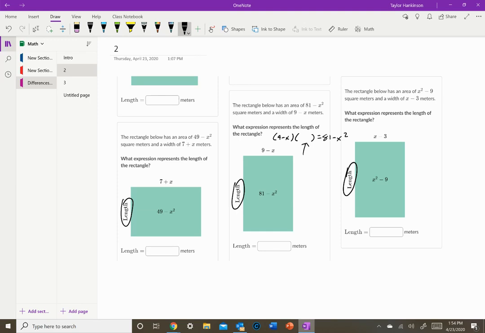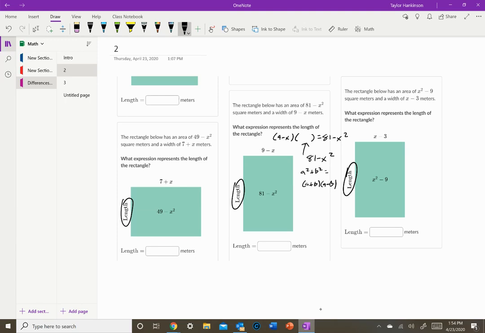What we can do is take the 81 minus x squared and factor that, and it gives us a hint. It already gives us part of the answer. Going with our a squared minus b squared equals a plus b times a minus b, all we need is to fill in an opposite one.